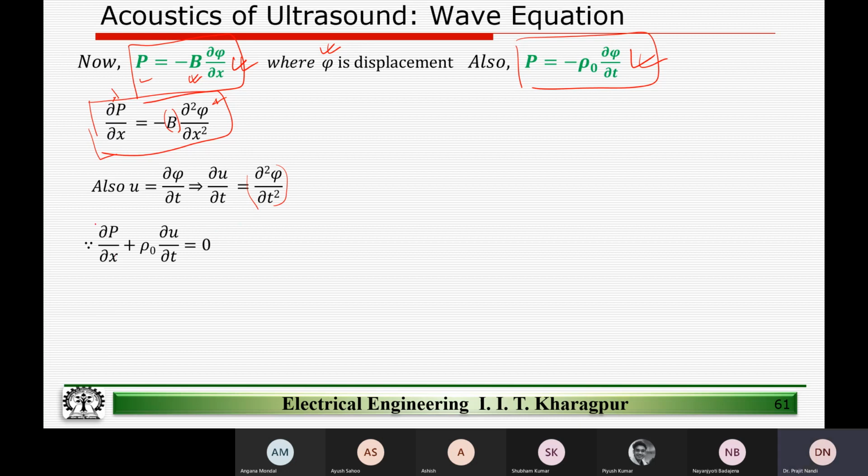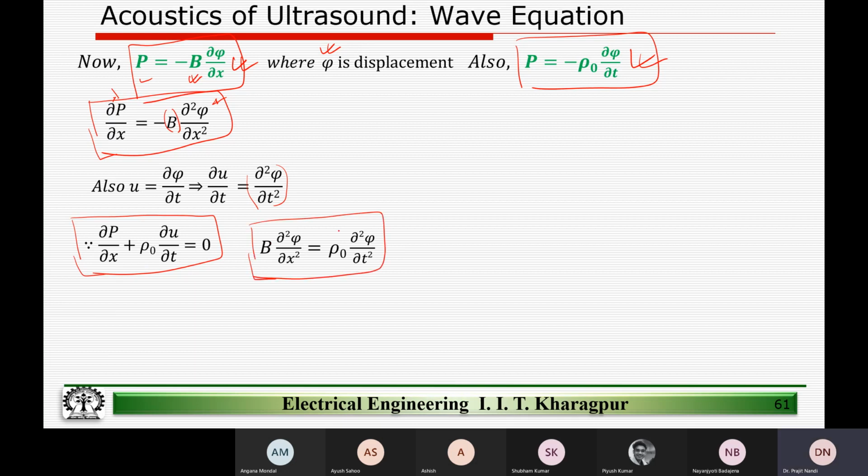This equation we had from the first slide, from Newton's law. And we came up with this here, so this is the same stuff. Now from these two relations, this is del 2 phi del t square, and this is del 2 phi del x square.